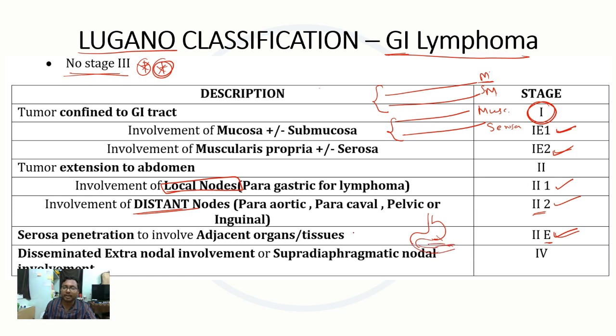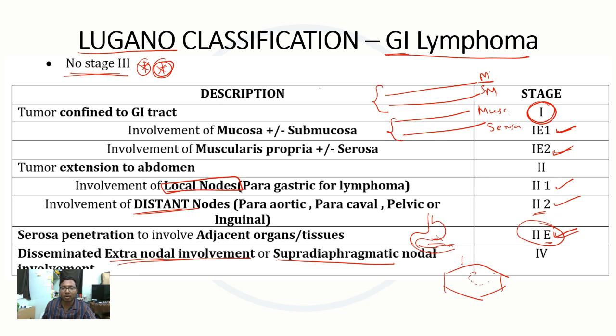Whenever it is involving adjacent organs or adjacent tissues, that is called your stage 2E. All right. Then whenever there is extranodal involvement, and also supradiaphragmatic nodes. Whenever you have disease only within the abdominal cavity, that is something like less than stage 4.